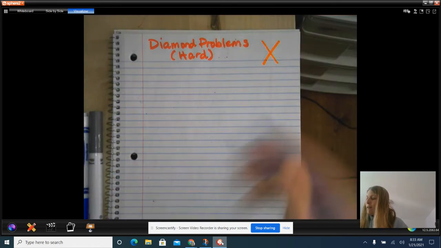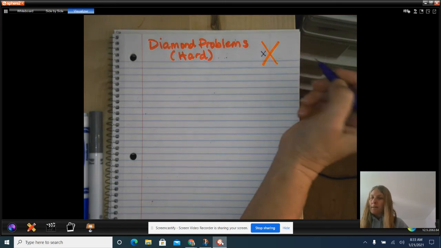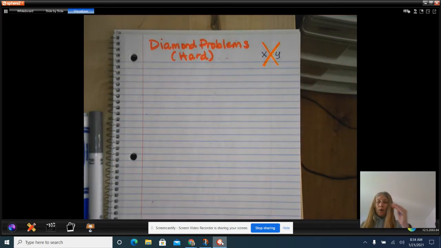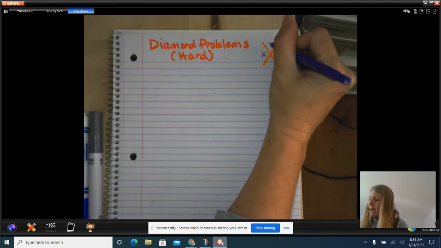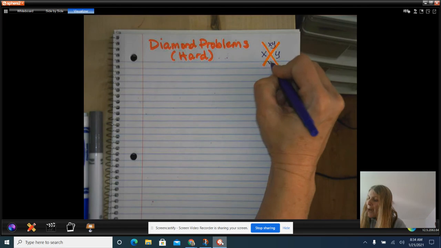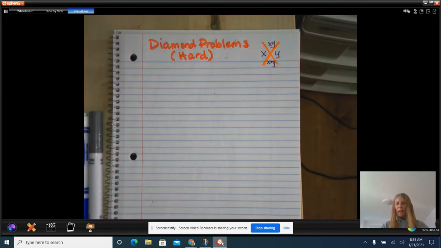If we have a number x and a number y, we go ahead and we multiply those together to get that top number. And to get that bottom number, we add those two together. Now, the way that I remember this, because a lot of people get confused, which one's multiplication and which one's addition, is I like to think that we learn addition first, so it's the easier problem.